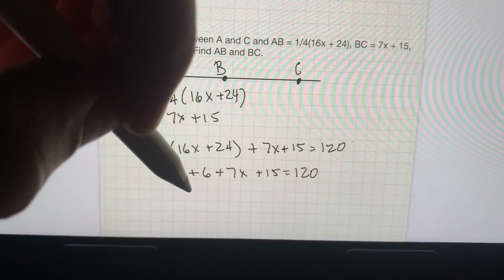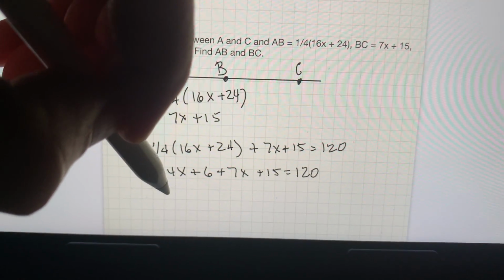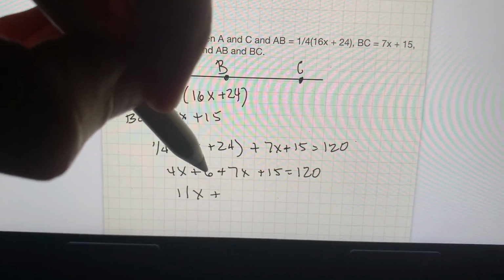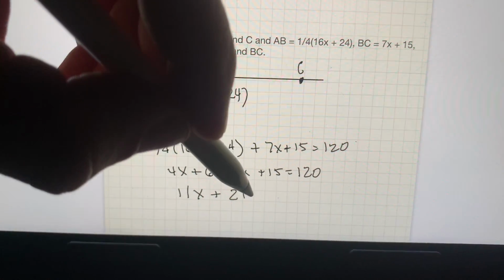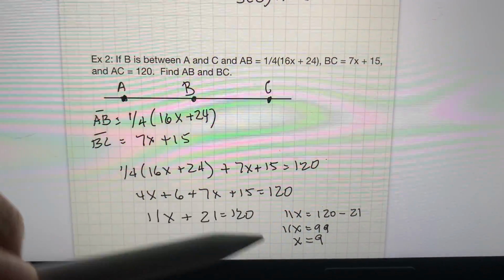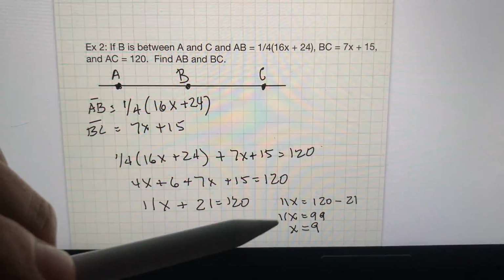Then 4x plus 7x is 11x plus 21 equals 120. Subtracting the 21 on the other side of the equation, 11x equals 120 minus 21. So 11x equals 99. So x equals 9, because we're dividing 99 by 11.